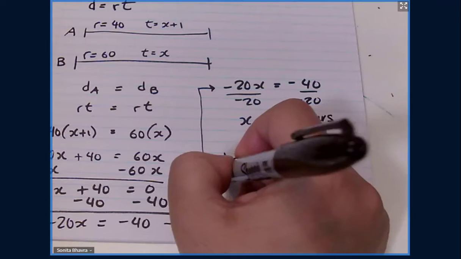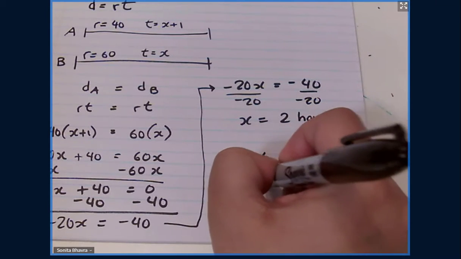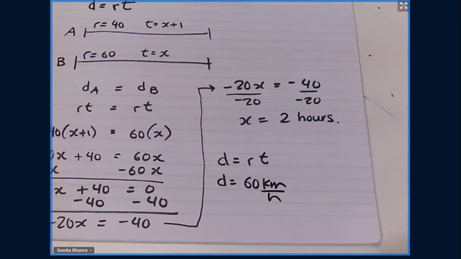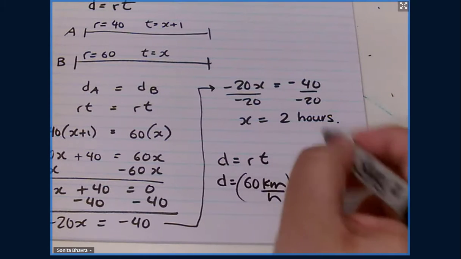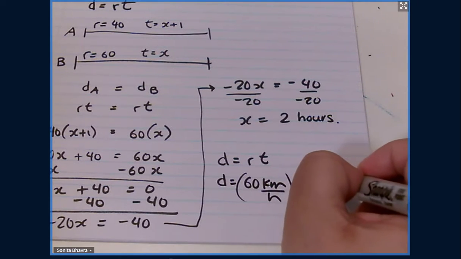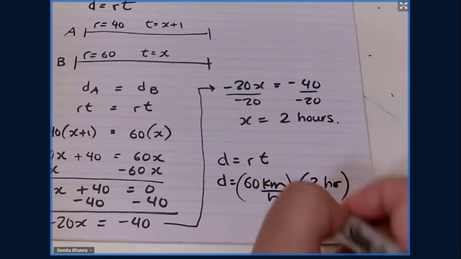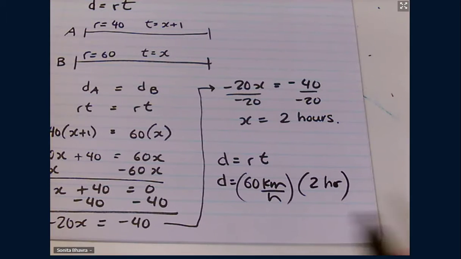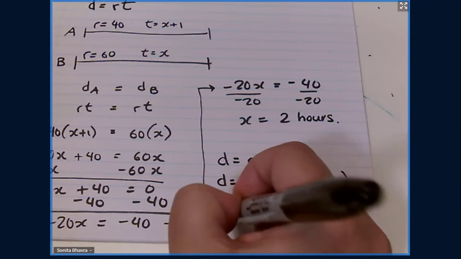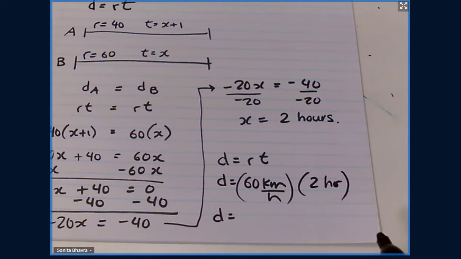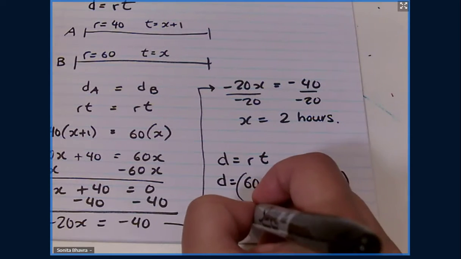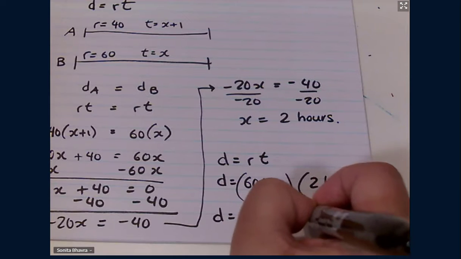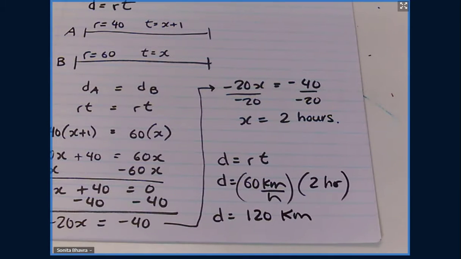The rate of that car was 60 kilometers per hour, and now we know that the time is 2 hours. Multiplying the two together, our distance is equal to 120 kilometers.